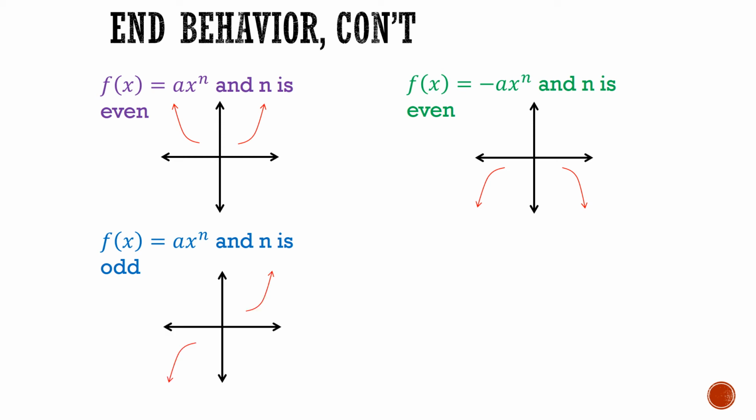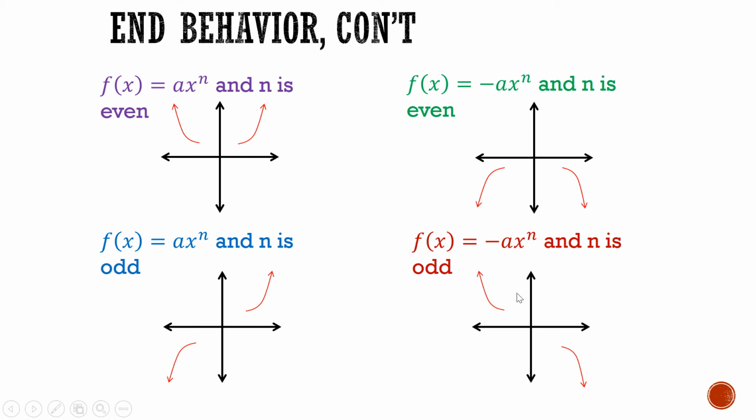And because a is positive, we are going to have an increasing function. So as x approaches negative infinity, y approaches negative infinity. And as x approaches positive infinity, y approaches positive infinity. And if n is odd and a is negative, we are obviously going to have the opposite of that. So as x approaches negative infinity, y approaches positive infinity, and as x approaches positive infinity, y approaches negative infinity.